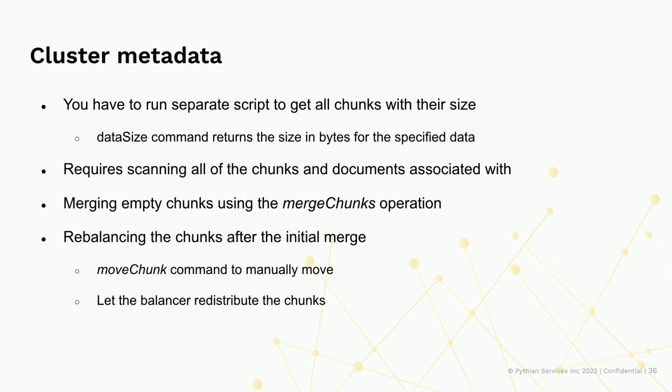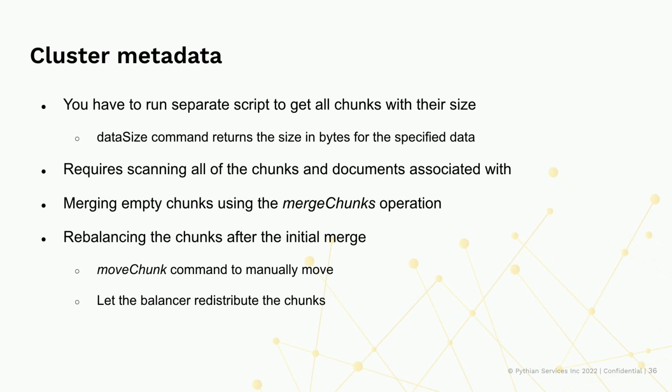If the chunk is empty, ideally what you would like to do is merge that chunk with its neighbor. As that is just metadata in the cluster, you can merge two chunks that are neighbors.